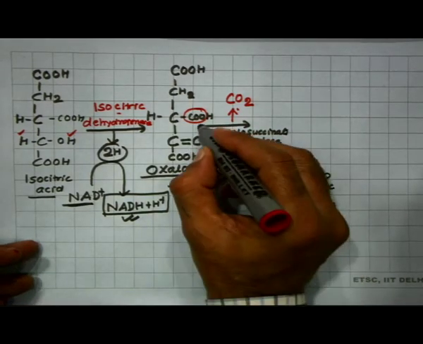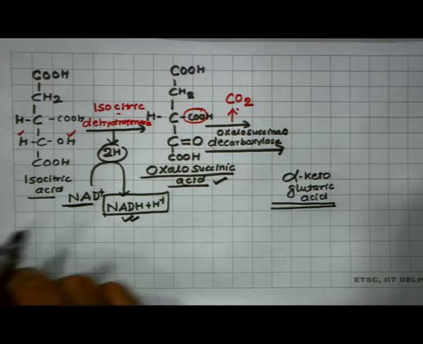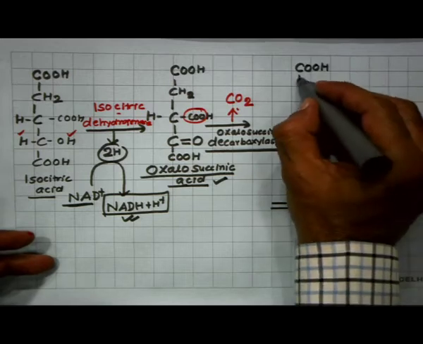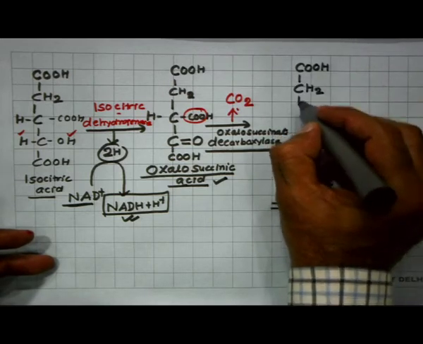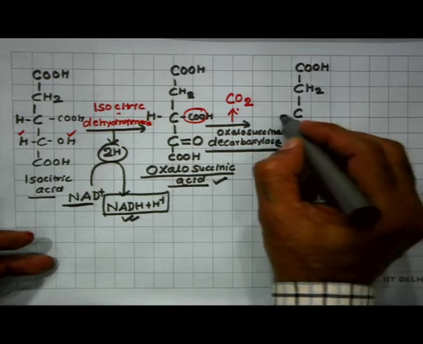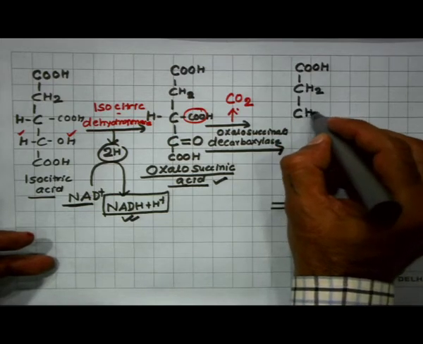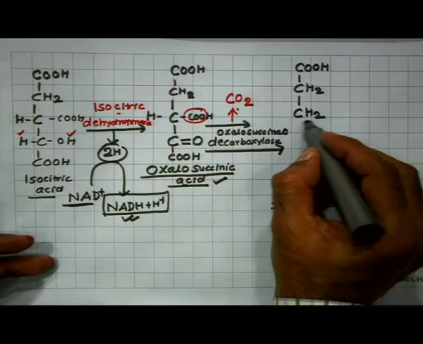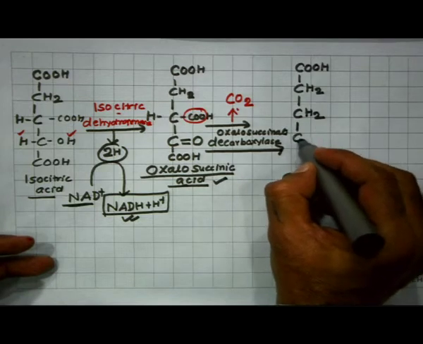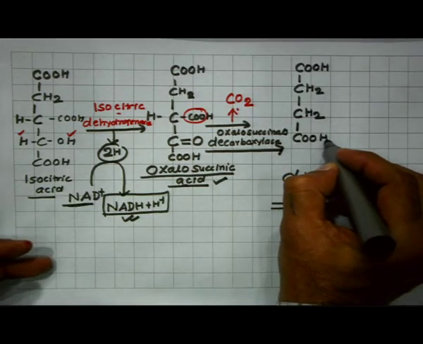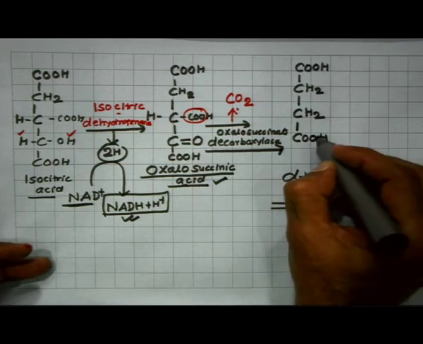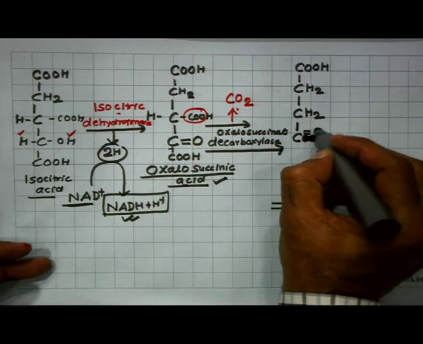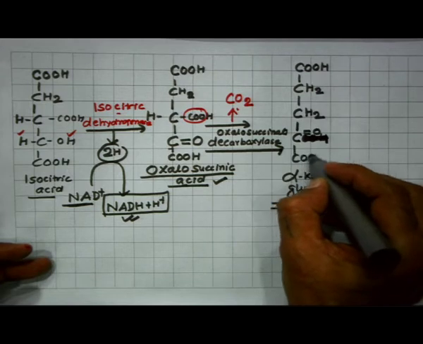So, we can easily write the formula of alpha ketoglutaric acid: COOH, CH2, CH2, C double bond O and COOH.